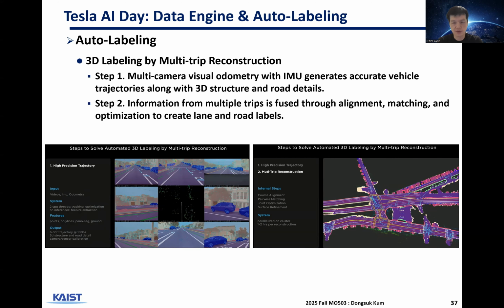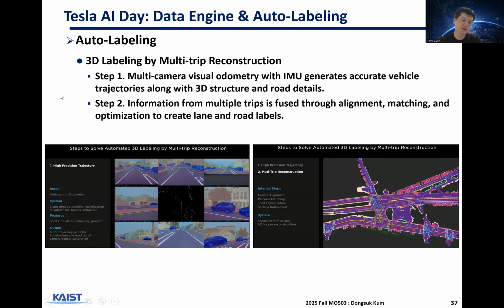Please watch this part carefully, okay? You will see they have three parts. First step, they use traditional computer vision techniques to find a high precision ego trajectory.